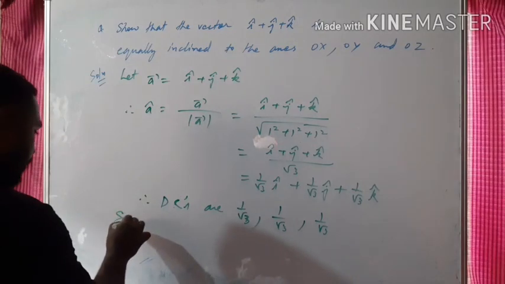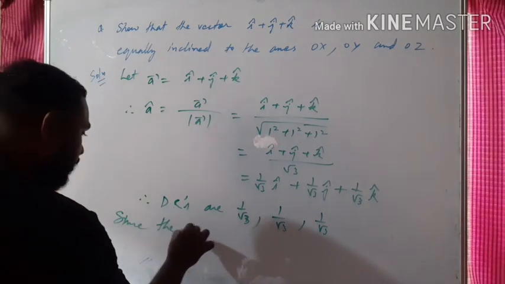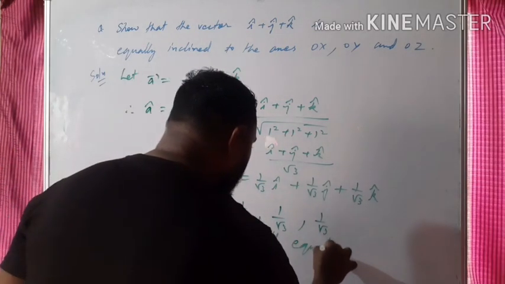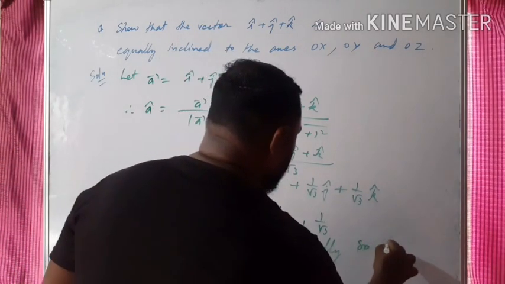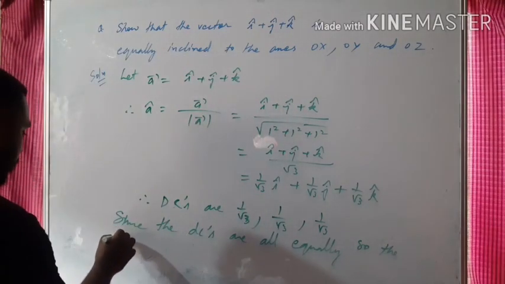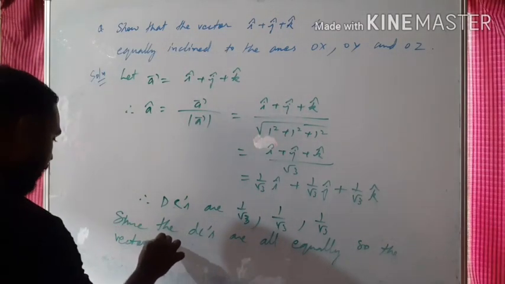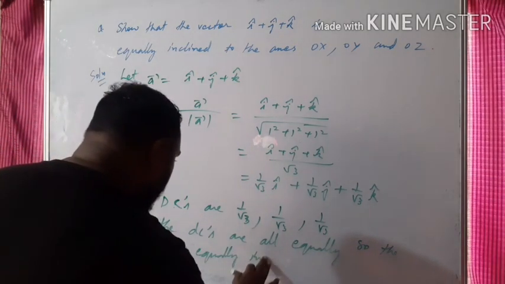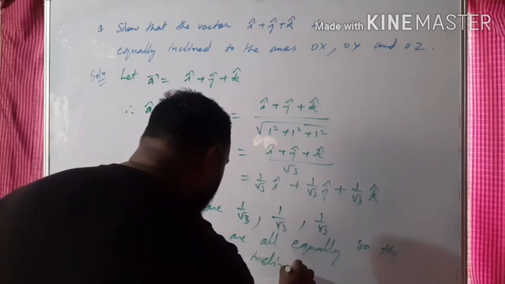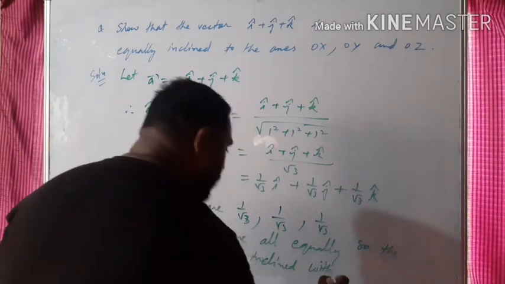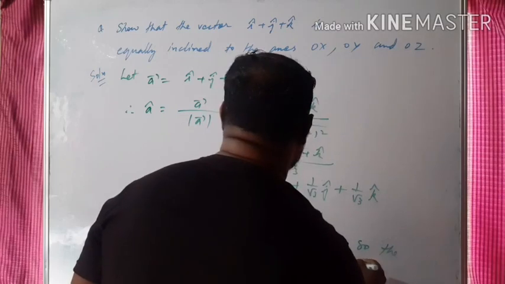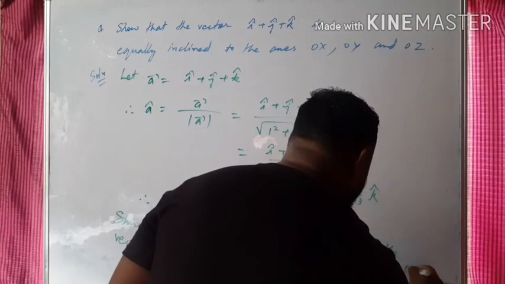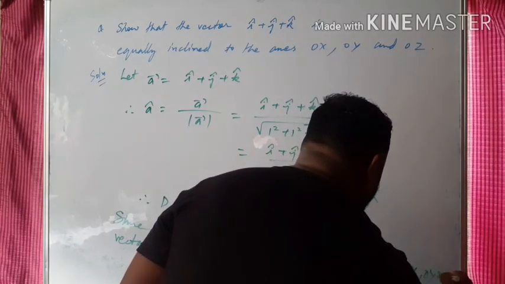So since the DCs are all equal, the vector A is equally inclined with the coordinate axes OX, OY and OZ.